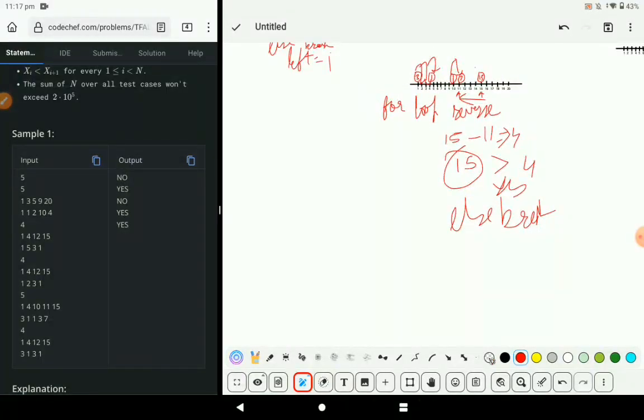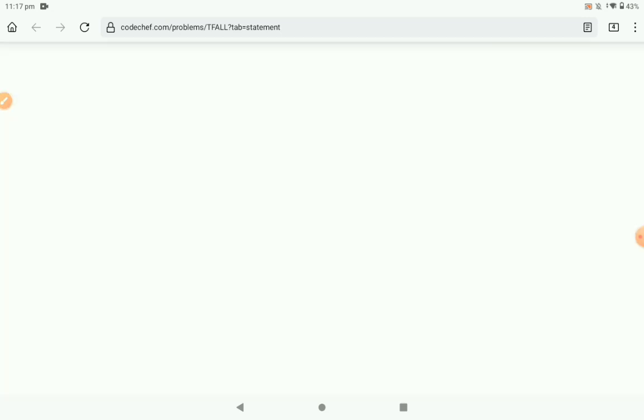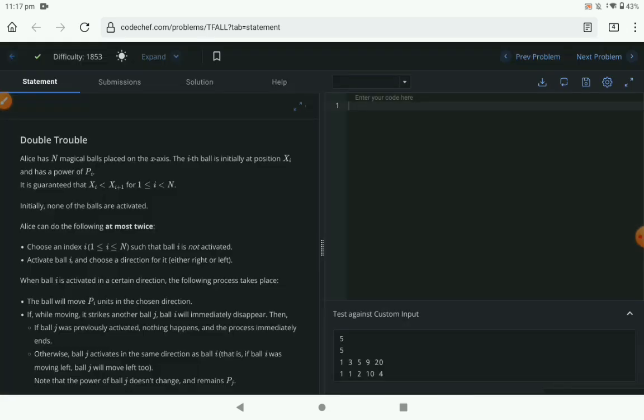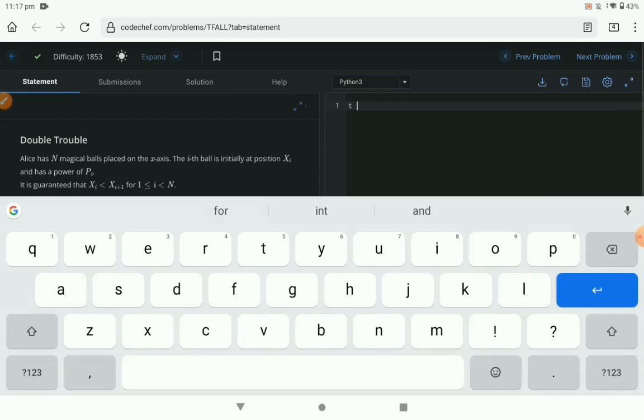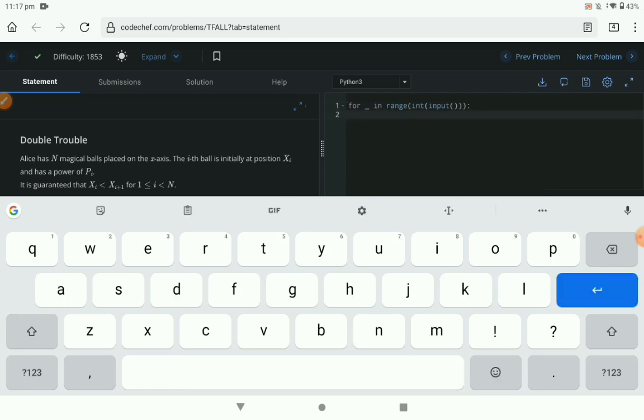Okay, so let's try to understand this by code. Then I will take n as input, then now I will take the x as input.